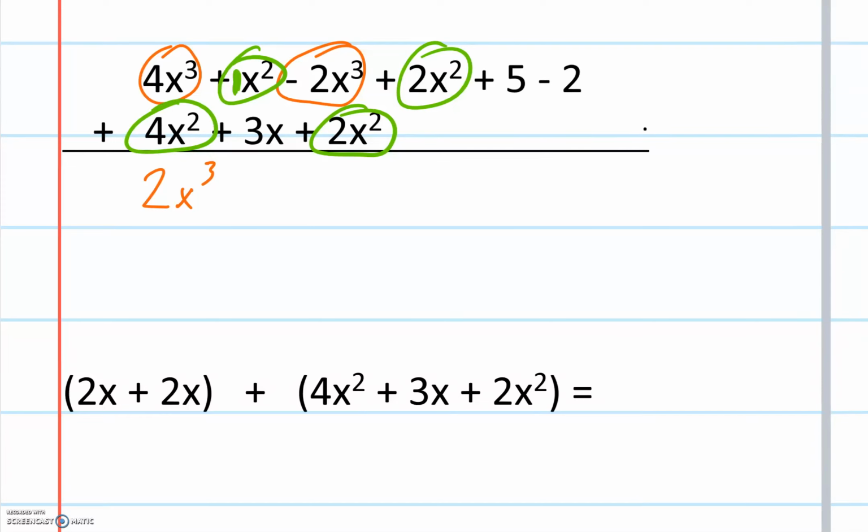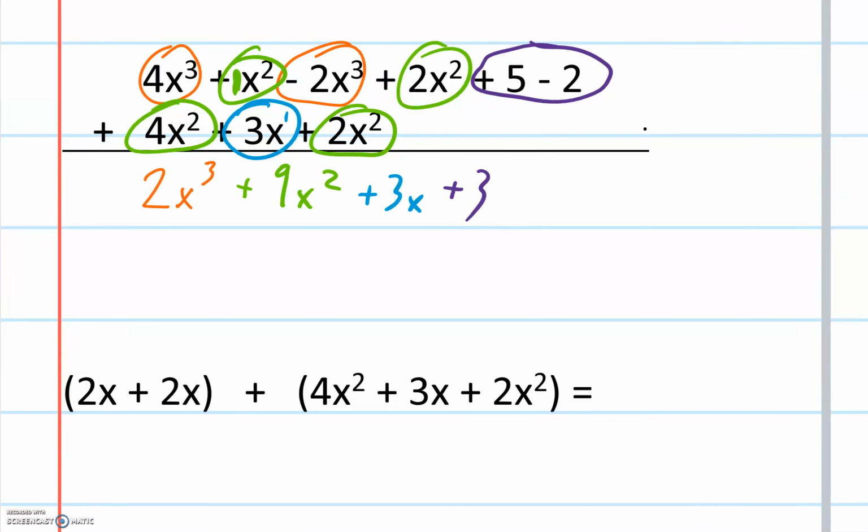So that's 1 plus 4 equals 5, plus 2 equals 7, plus 2 equals 9, so plus 9x squared. The next highest degree that we have is this degree 1, and there's only one of those, so 3x. And lastly, we have our constants. 5 minus 2 is plus 3.